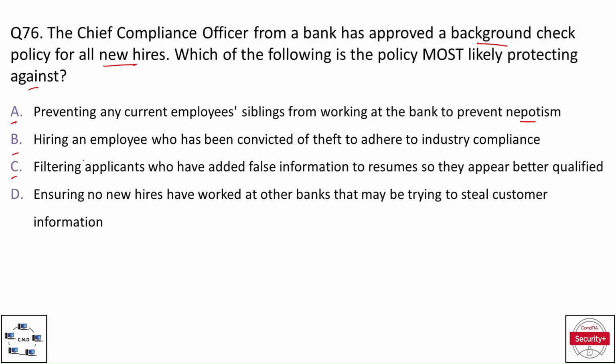Option C, filtering applicants who have added false information to resumes so they appear better qualified. And option D, ensuring no new hires have worked at other banks that may be trying to steal customer information. And the correct option is option B, hiring an employee who has been convicted of theft to adhere to industry compliance.